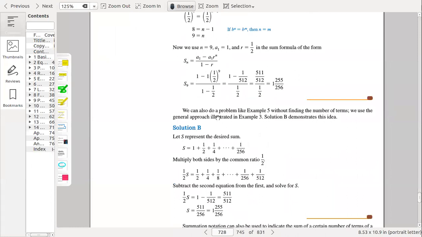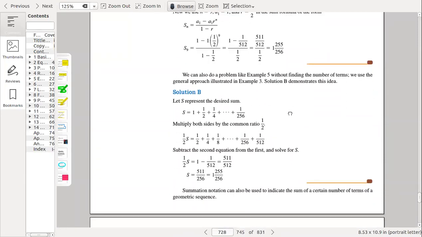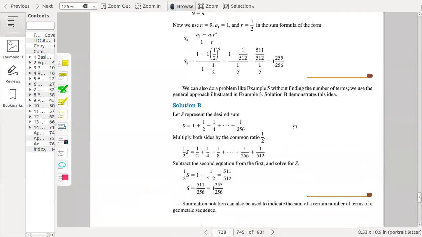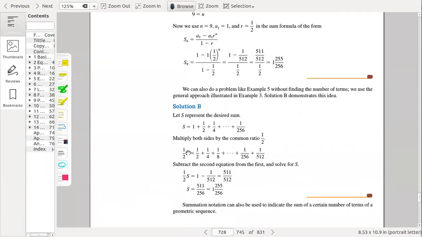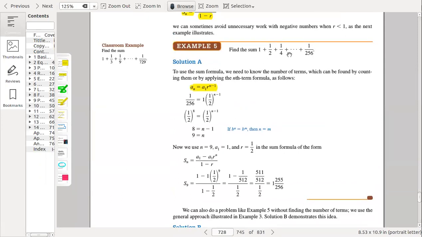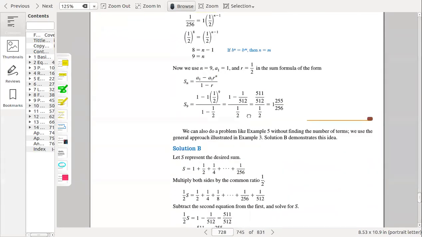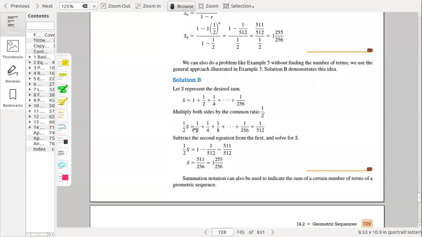We can also do a problem like example 5 without finding the number of terms. We use the general approach illustrated in example 3, solution B. We write the sum as 1 plus 1 by 2 plus 1 by 4 and so on, up to 1 by 256.